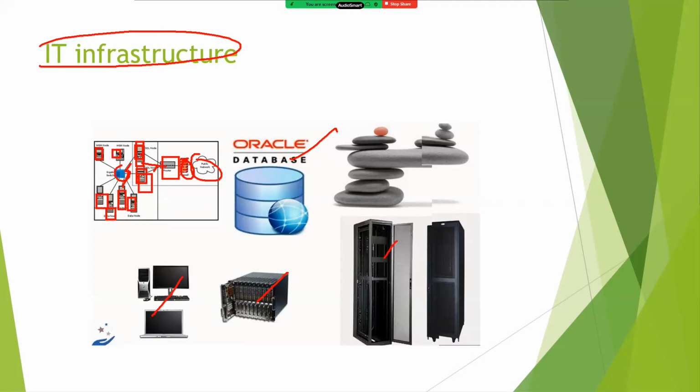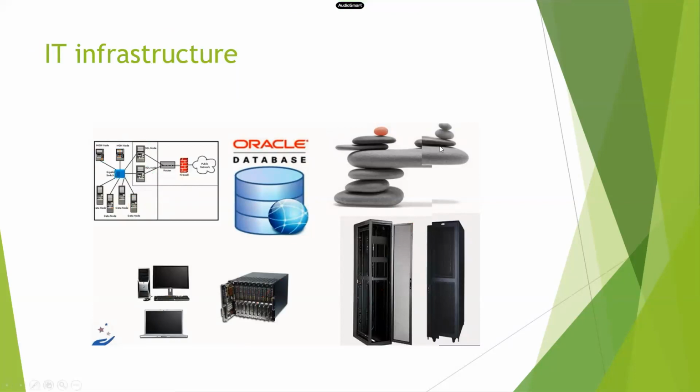The entire thing we will call IT infrastructure. So why I'm telling this story is how internal networking has been established so far, how things are happening internally for the IT industry. This is the process. Clear?